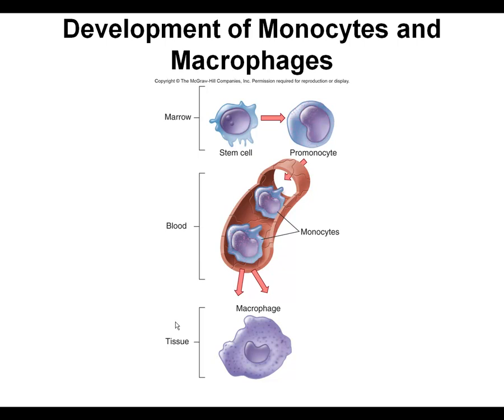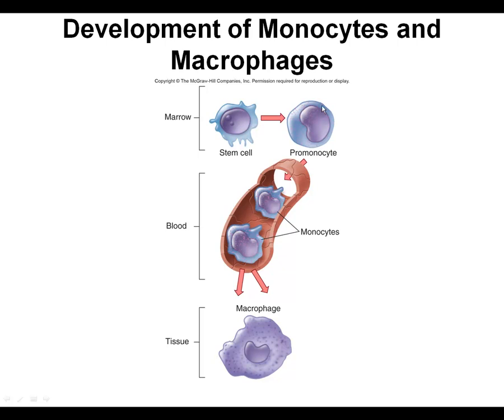Your monocytes are able to phagocytize, and they have essentially three different stages of differentiation and maturation. Within the bone marrow, you've got your stem cell, which becomes a promonocyte.